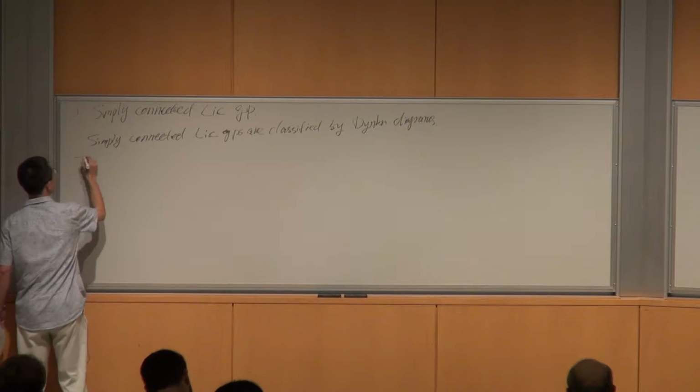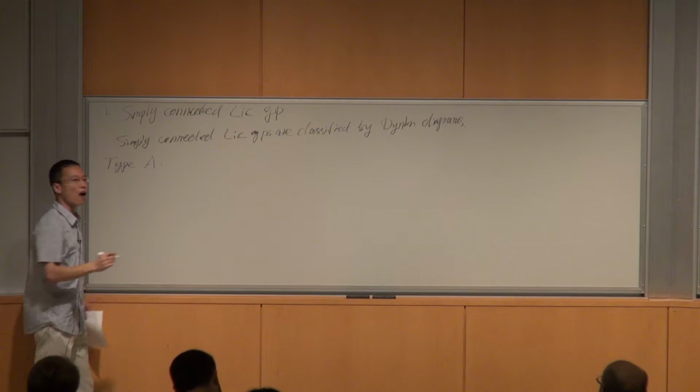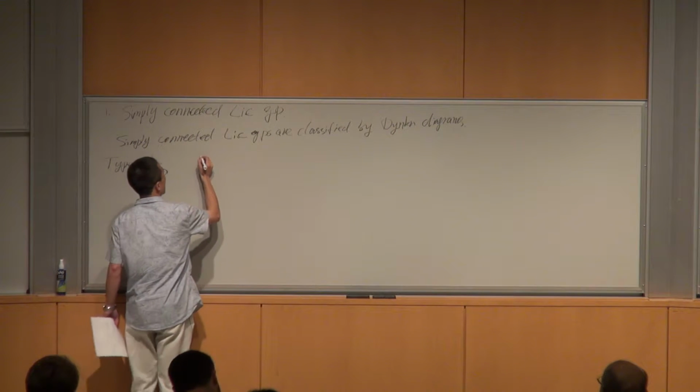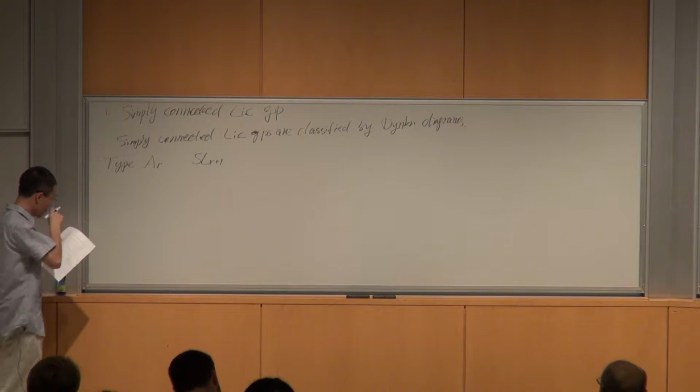So I think a good example to keep in mind is type A. So let's say type A_r. The example is SL_{r+1}. This is a good example to keep in mind.